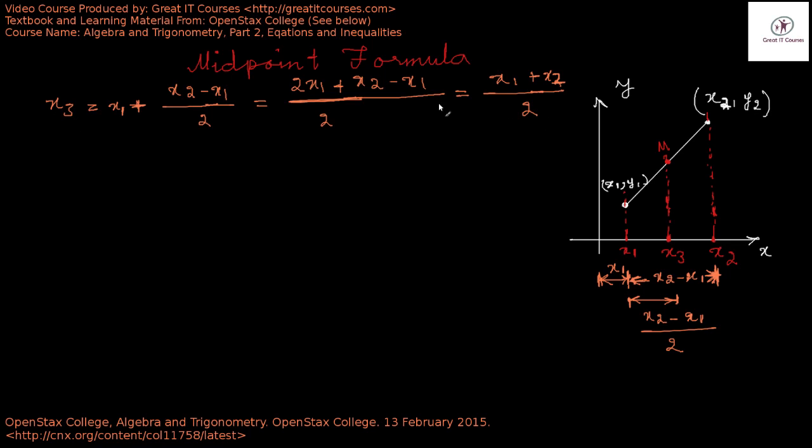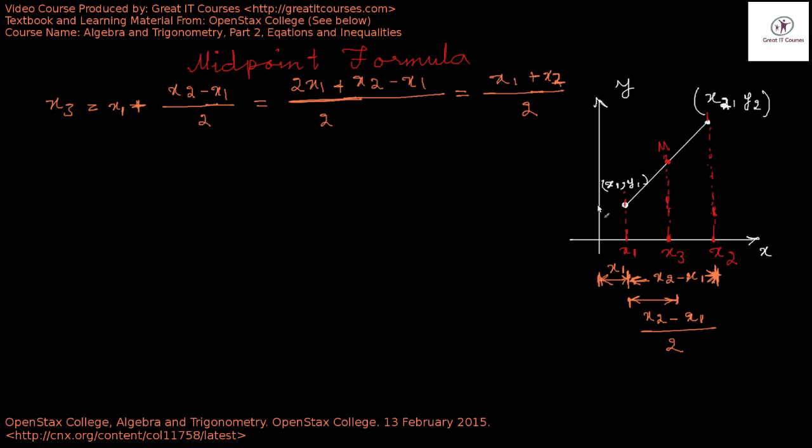So this is the coordinates of the point x3 in terms of x1 and x2. And that's what we were looking for, because I already know what x1 and x2 are. And so now that I have x1 and x2, I can simply plug them in and calculate the x coordinate of the point M.